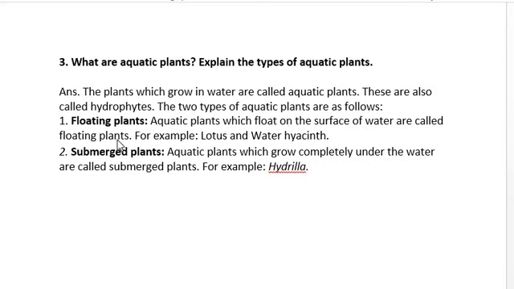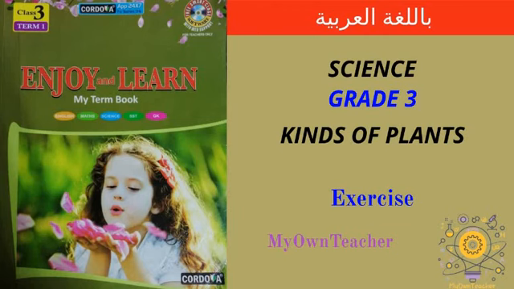Example, lotus and water hyacinth. Submerged plants are also aquatic plants which grow completely under the water. For example, hydrilla. We are done with answering the questions.